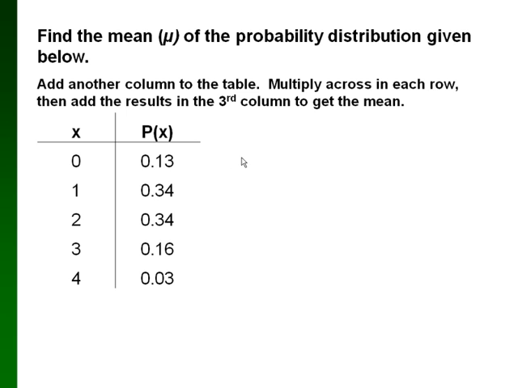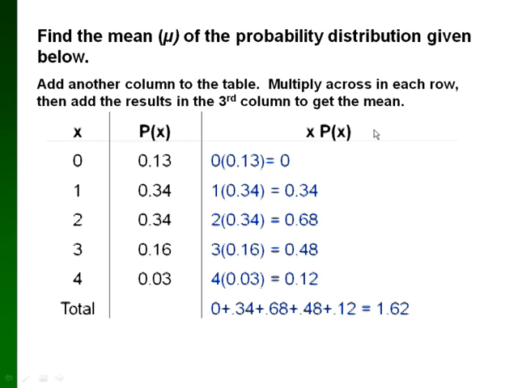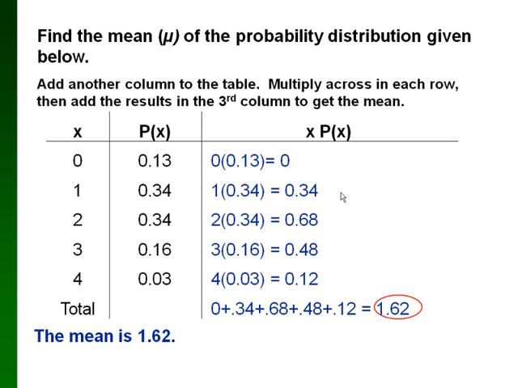Once we get all those results, then we add them up, and that gives us our mean. It's going to look like this. For each one of these, we're multiplying the x by the P of x. That gives us these 5 values. We add all those up, and we get 1.62. That's our mean. To me, that's a lot easier than trying to use that formula on the previous slide.